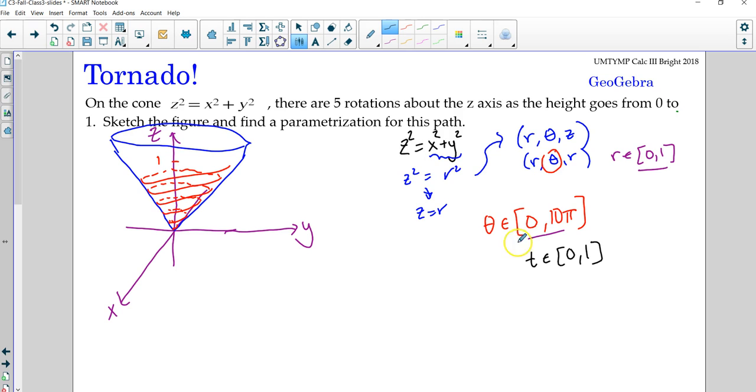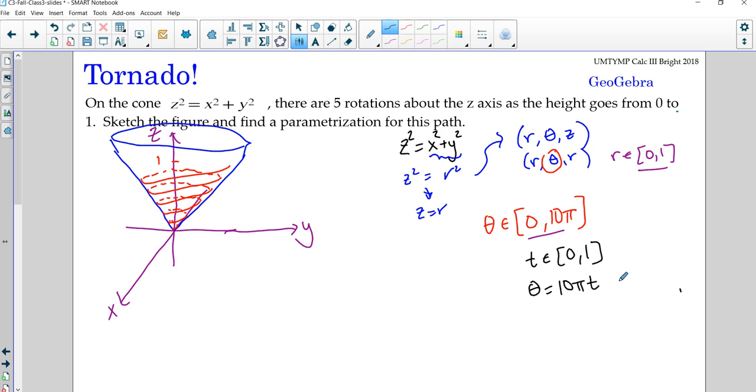However, to resolve theta and t, I'm going to say theta is equal to 10 pi t. And my claim is that this parameterization will allow theta to go from 0 to 10 pi, but allow us to only use the parameter t. Maybe pause the video and just make sure that that makes sense to you.